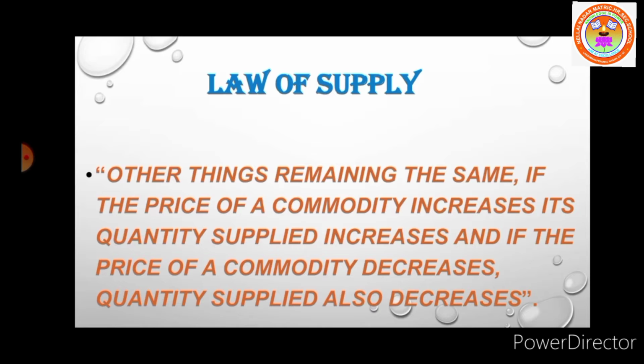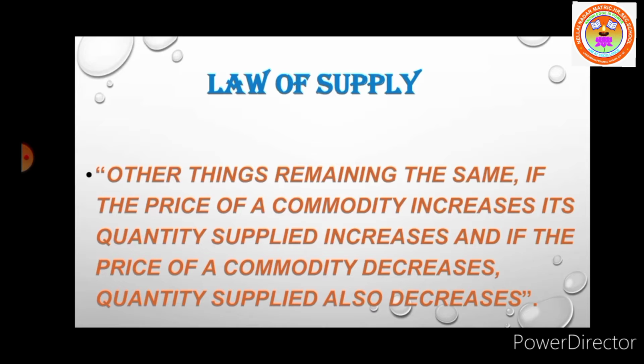For example, if the price of cloth increases, the supply of cloth will also increase. This is due to the fact that when price rises, it is profitable to increase the production and hence supply increases.